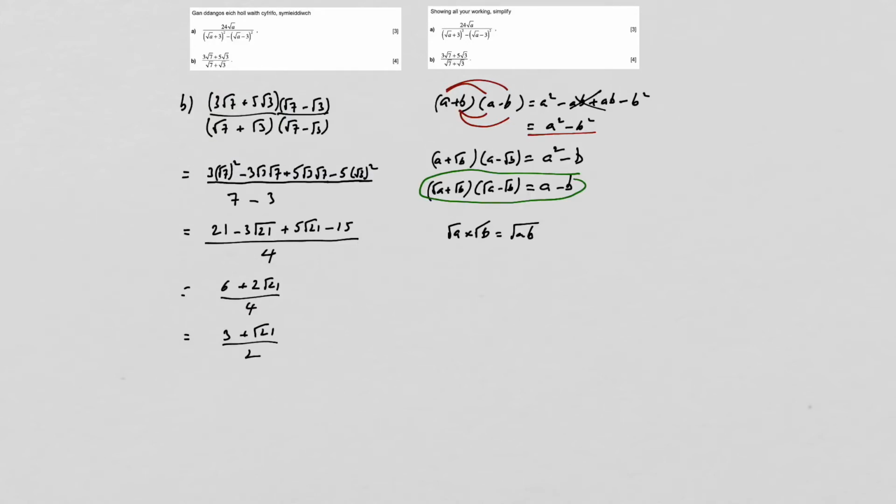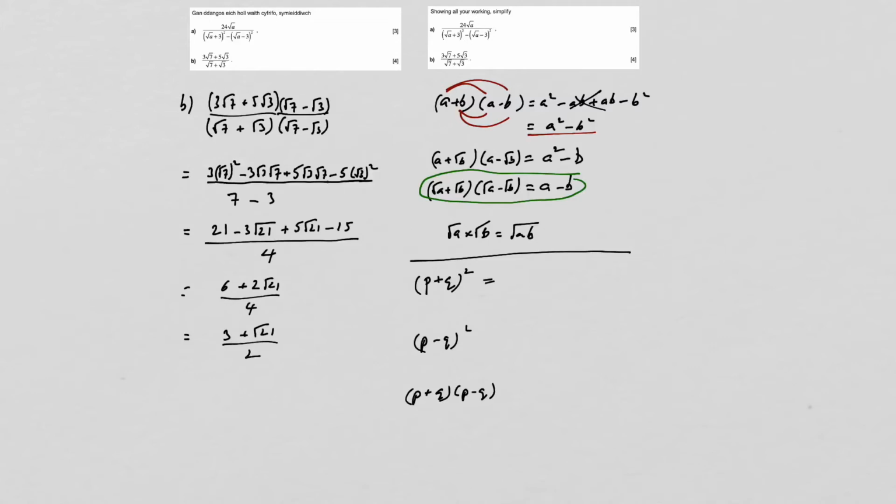I wanted to add in here the standard expansions that you really should know and recognise, and as well as the difference of two squares, we have two things added and squared, two things subtracted and squared, and then again the difference of two squares.